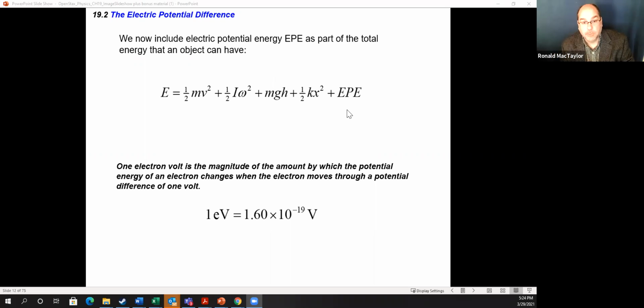And then you don't typically have to worry about the rotational kinetic energy of an ion of, I don't know, H3O plus, a charged particle of water. You typically don't have to worry about the rotational stuff as much as the electric field doing something.